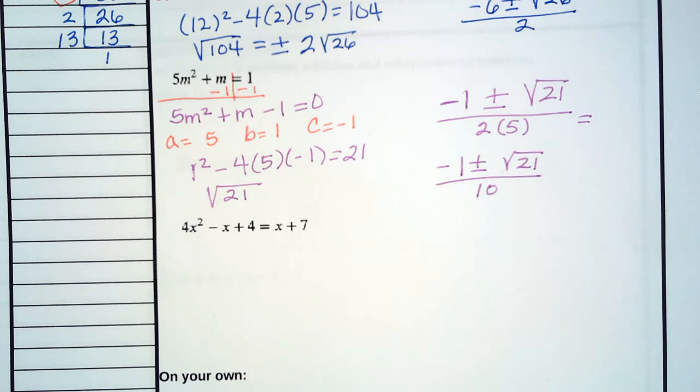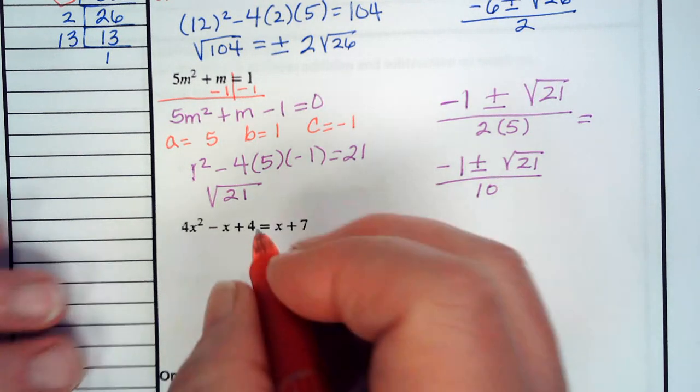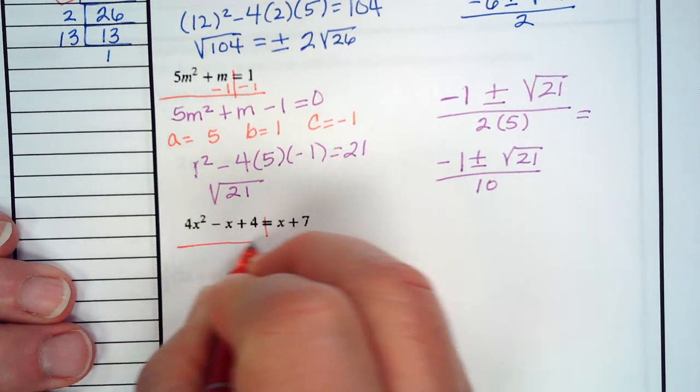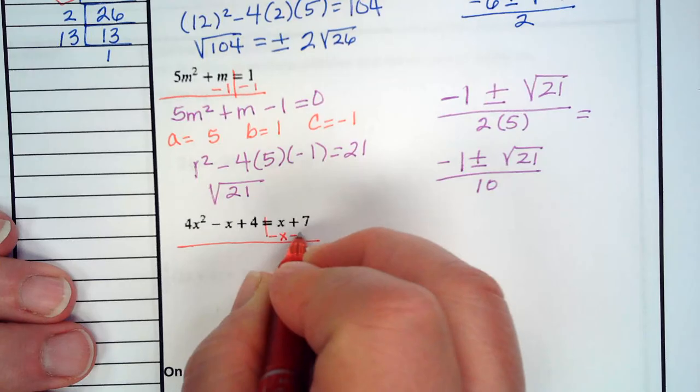Okay, pause the video now and see if you can do the next one on your own. You've got 2 you can try on your own. Pause the video. Step 1 is to set it up equal to 0. If all you feel comfortable doing is doing that, pause and do that much to begin with. Okay, to set it equal to 0, subtract x, subtract 7.